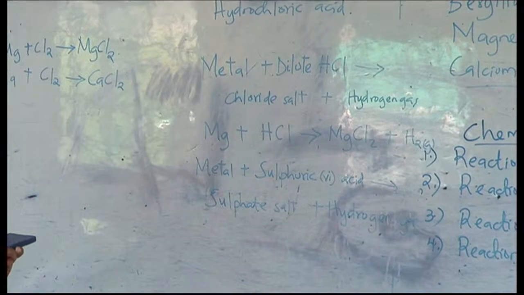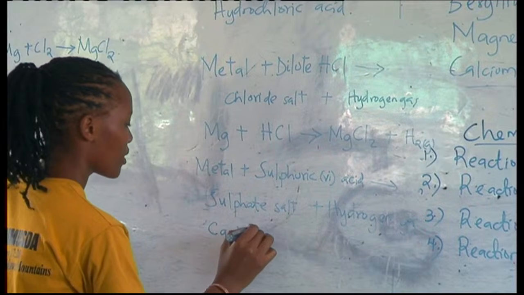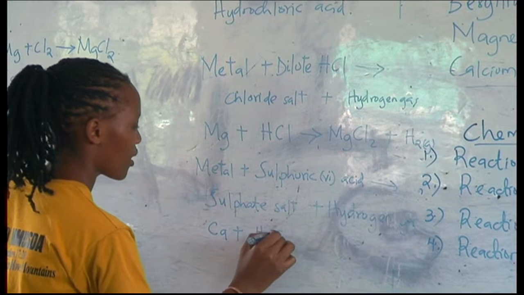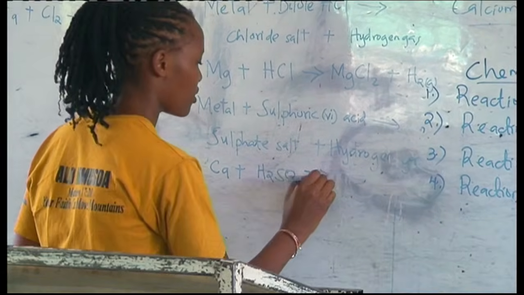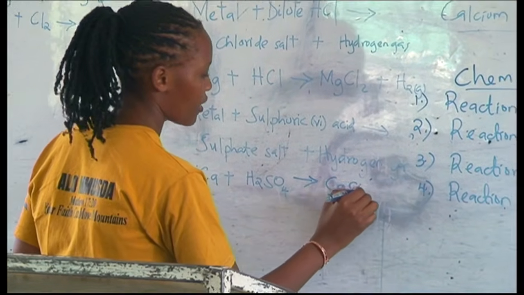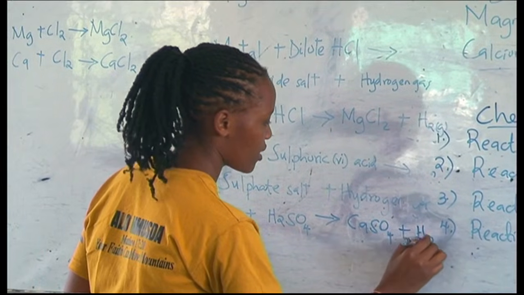And an example, let's use calcium reacting with dilute sulfuric acid. It will form a sulfate salt, which is calcium sulfate, plus hydrogen gas.